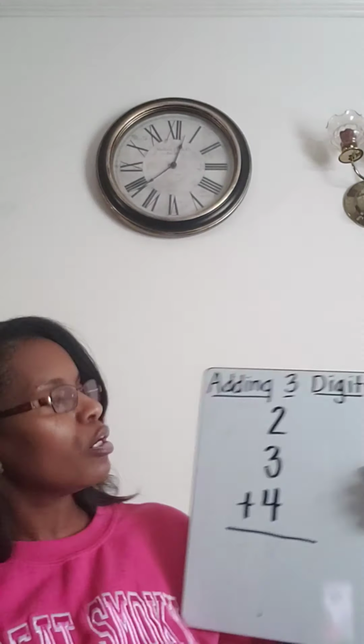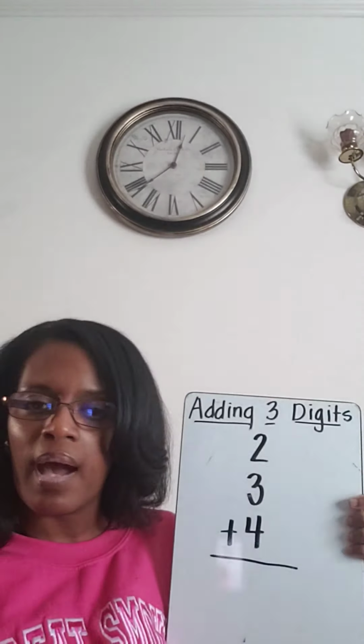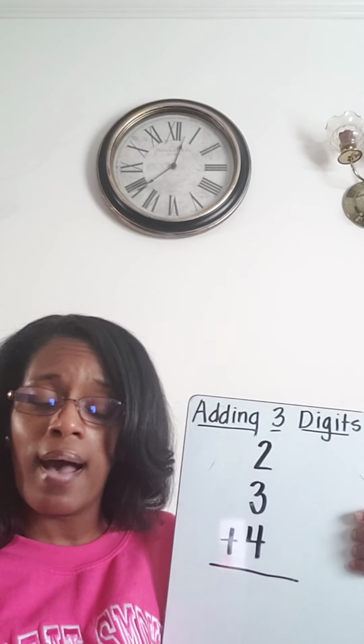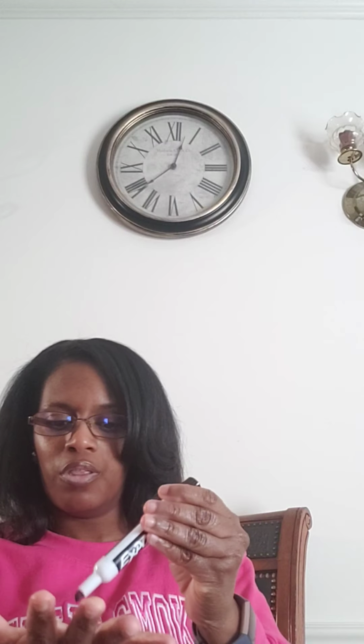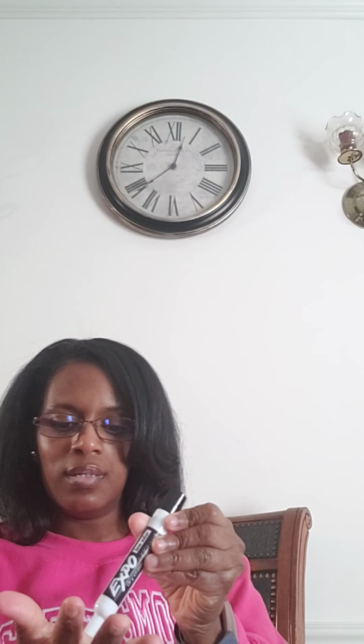Now, when we're doing this, and we've talked about this before, but it has been some time, when you are adding numbers, let's say, and I'm going to write it on my hand, and I'm not sure how this is going to look on the camera, but we'll see, okay? I've got two numbers. I've got 6 and I've got 5. Now, when I add these two numbers together, I can add 6 and I can add 5.